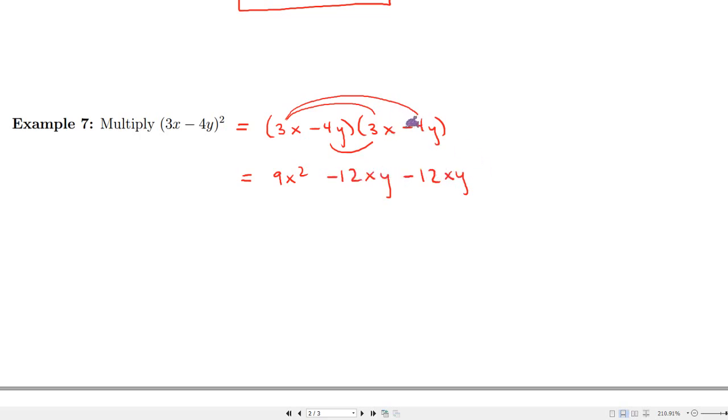And then minus 4y times minus 4y would be positive 16y squared. And these two terms we can combine because they're like terms. They both have an xy in them. So we have 9x squared minus 24xy plus 16y squared.